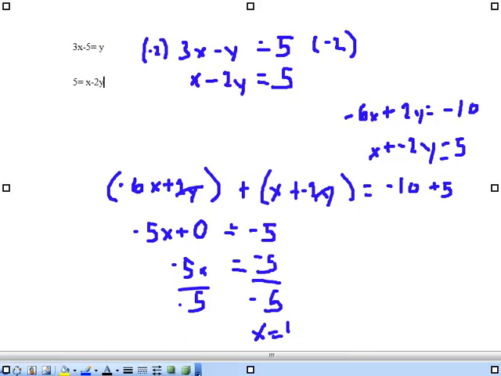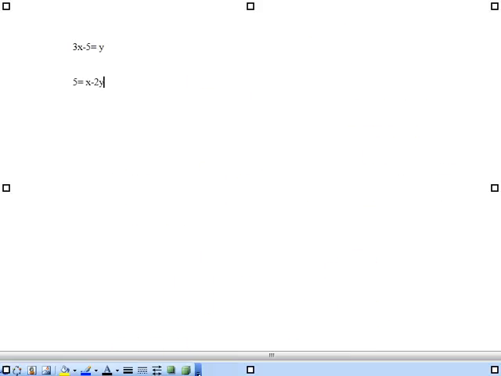Alright, so I'm going to erase this. I'm going to put the first part of our solution up here. We figured out that x is equal to 1. And so now we need to find our y. So now we can say 3 times 1 minus y, and remember I just changed that equation around, equals 5.